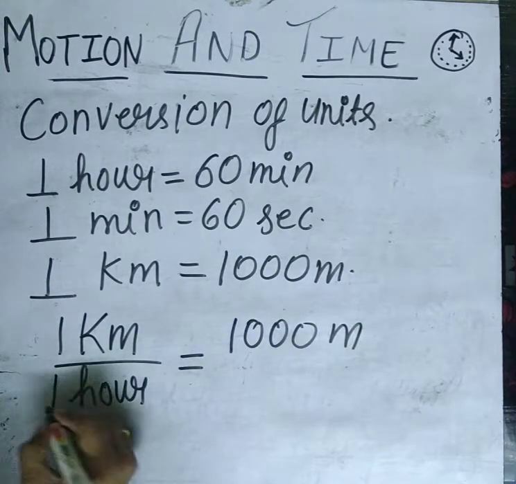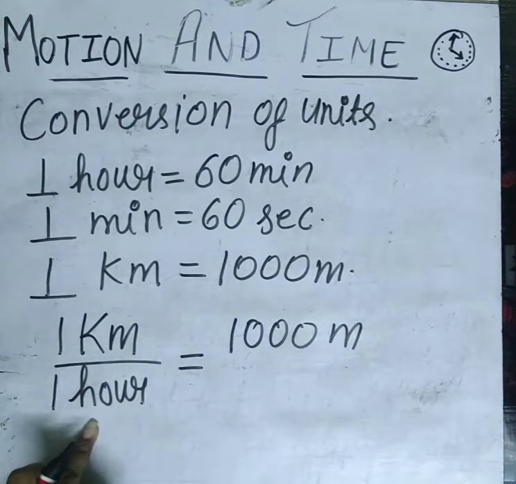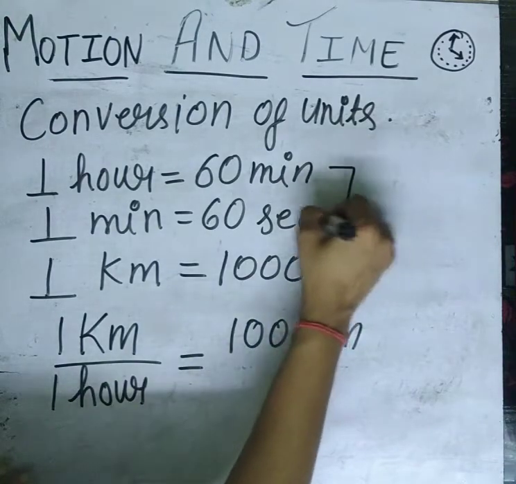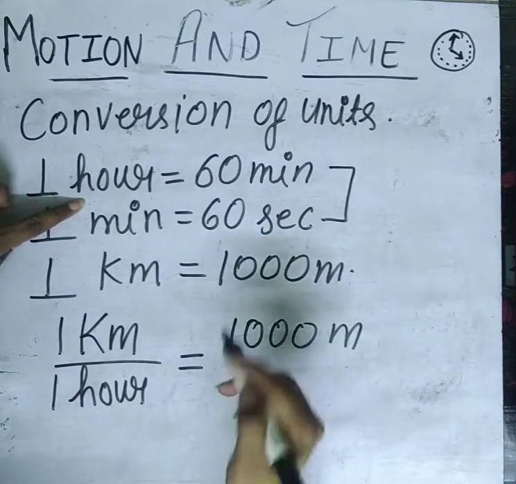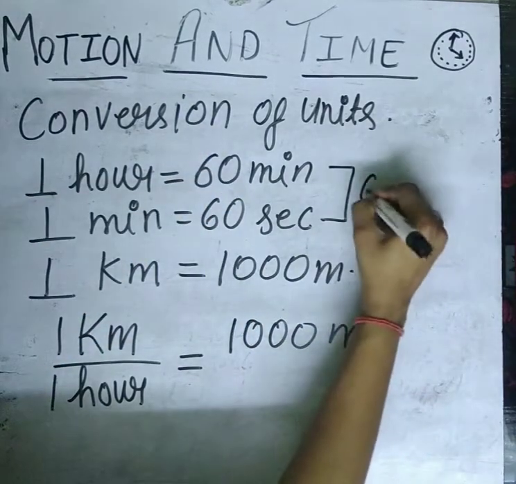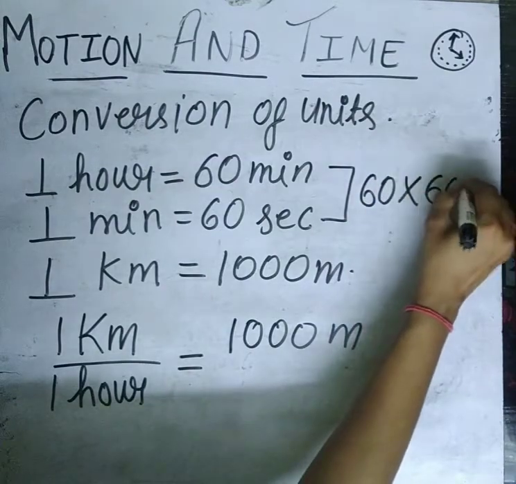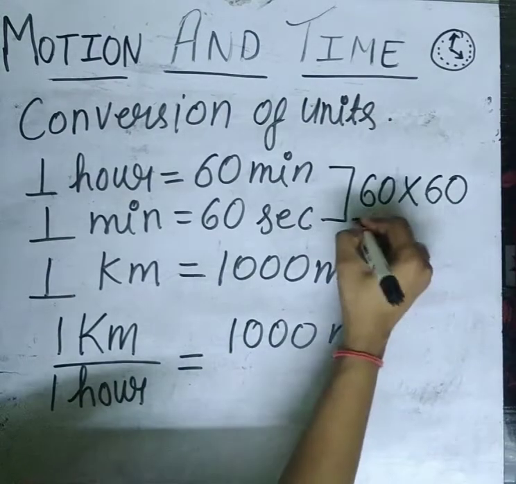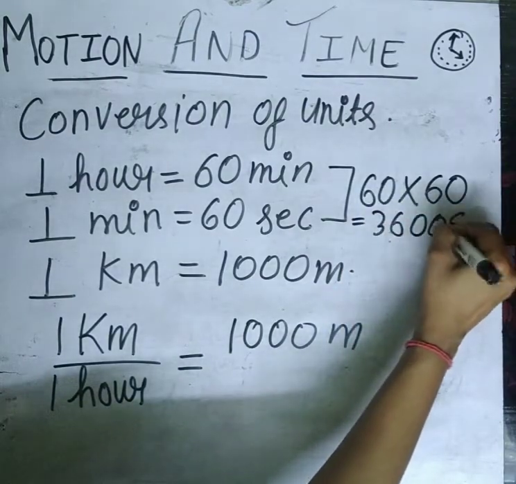Then instead of writing 1 hour, I can write it in seconds form. How in seconds form? For getting this 1 hour, I have to get first of all these 60 seconds and these 60 minutes too. It means it would be 60 multiplied by 60. So 1 hour will be equal to 60 into 60, that is 3600 seconds.